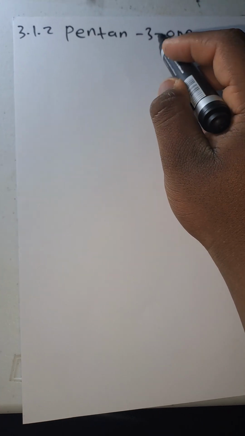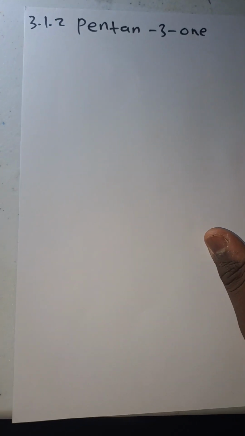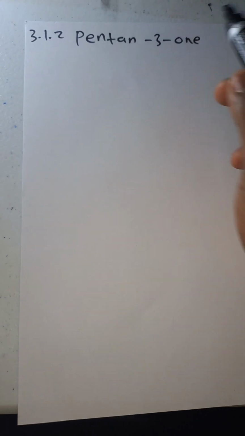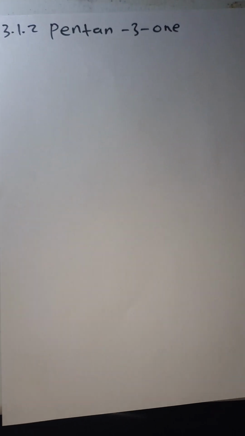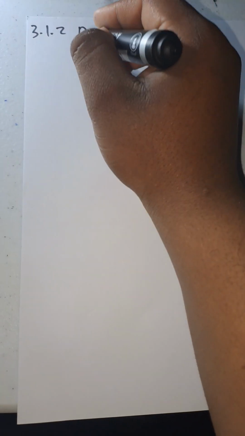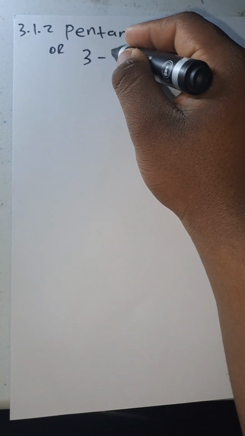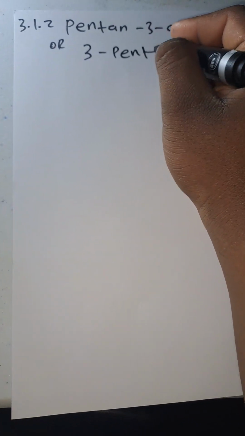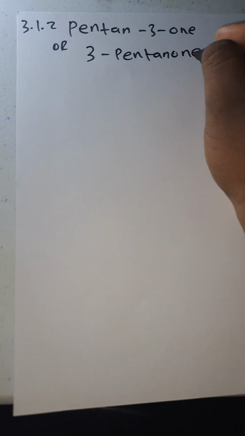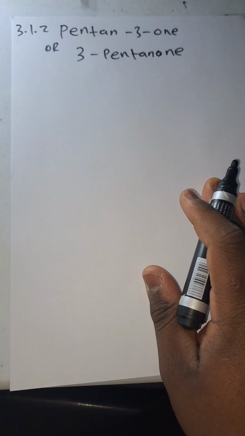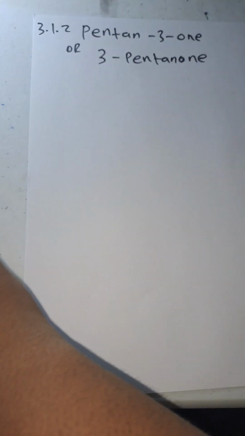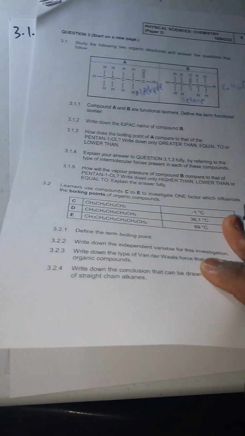This 3 is determining the position of that group that I showed you. And then this 'one' is the ending for a ketone. Is it fine? Or you can write it like this: 3, that is the position, pentanone. You see how we name them? Please, this hyphen is very important. If you don't have it, it's wrong.